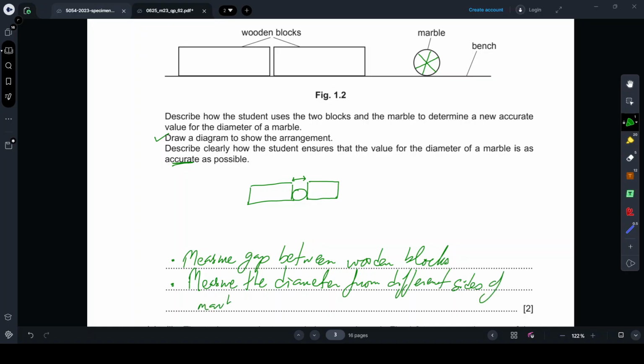You're going to rotate the marble, right? You're going to rotate it and you're going to take about three measurements at least. And then take a mean. Mean meaning average, obviously.